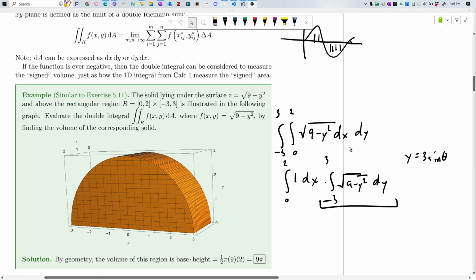But what makes this bothersome to actually integrate, if you were to spell out the actual integral, you could maybe write it like so. So what I'm doing here is I'm letting x range from 0 to 2, as it is supposed to do, and y range from -3 to 3, as it's supposed to do.